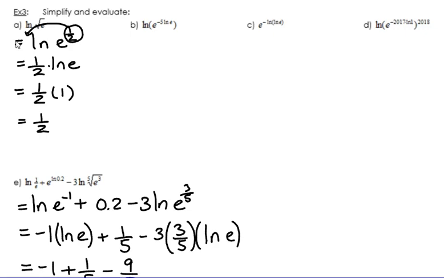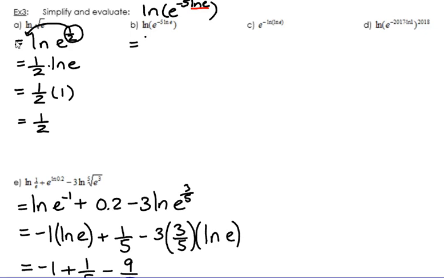If you were to put this all into your calculator, you would get the same answer, you just wouldn't have shown your steps, and so you might lose some marks on a test. Let me write this a little bit bigger. This one is ln e to the negative 5 ln e. We recognize right away that ln e is going to equal 1.